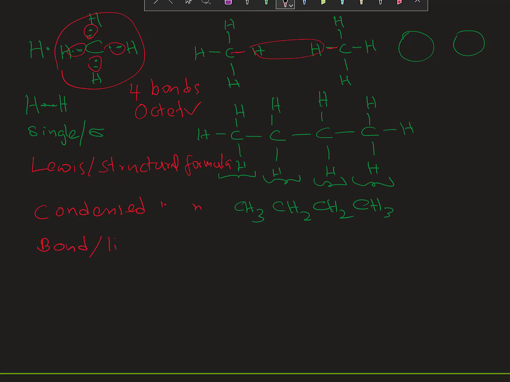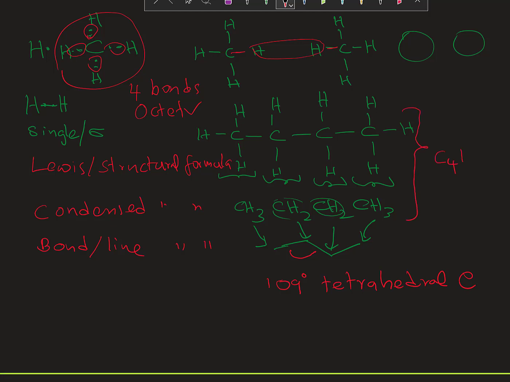And then we can also write the bond line angle, or zigzag, or carbon skeleton, like this. This means CH3 is each corner and the vertices are the CH2s, right? And this bond angle represents the 109 degree tetrahedral carbon, which is super important to understand as you go, right?